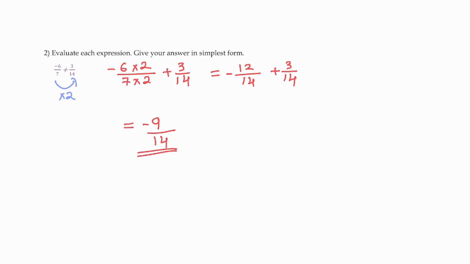And that's your final answer. I opted for the second method because otherwise I would have to do 7 times 14. So I chose this method because calculations go faster with smaller numbers.